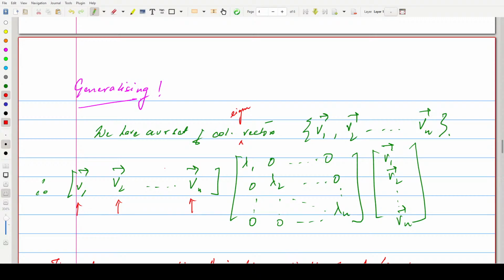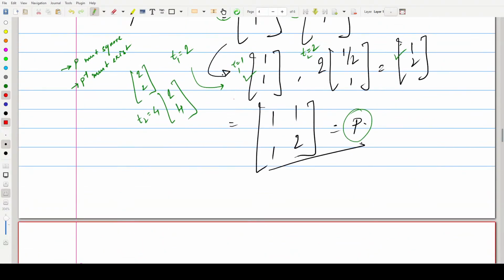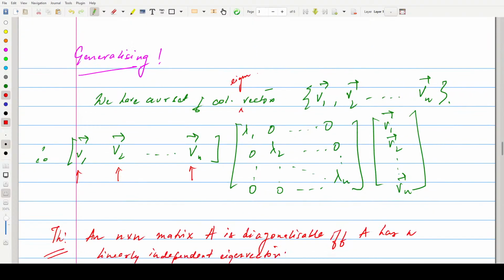Remember, these are all columns, right? So these are of the form this and this. Since this is our n by n matrix, a square matrix, we're going to be taking some sort of conjugate transpose of that, and that is essentially what we have done over here.